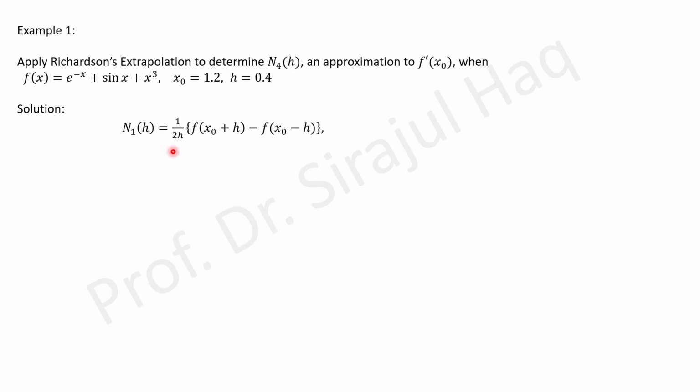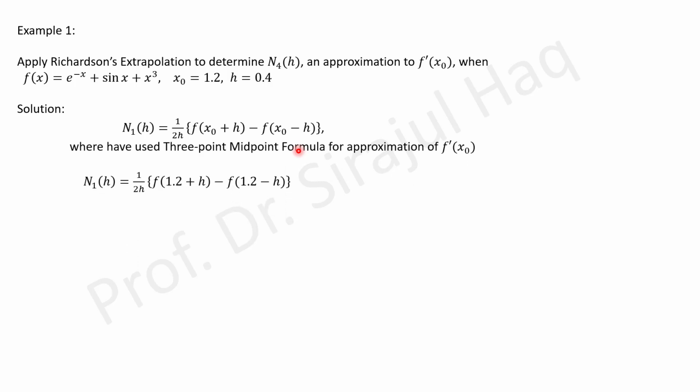I'm using the 3-point midpoint formula. It means that we have to use 4 in the construction of N of j, that is, the second formula which I showed to you. We are using the 3-point midpoint formula, and I have replaced x0 by 1.2. Why didn't I replace h by 0.4? Because you know that we need different values of h to find N1. So that's the reason I am computing this value in general.